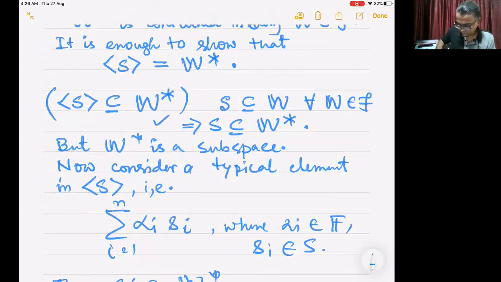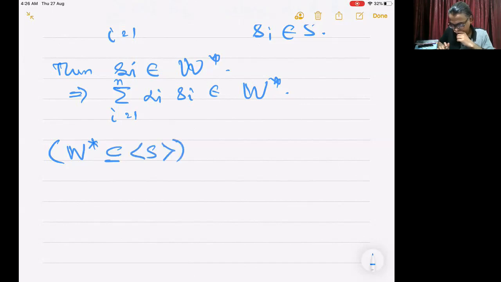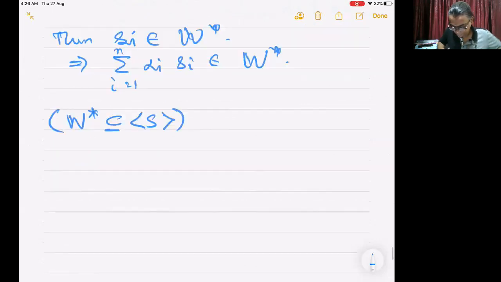Okay. Now, on the other hand, when we have to show the other direction, that W star is contained in span of S, what do we do? So let us see.